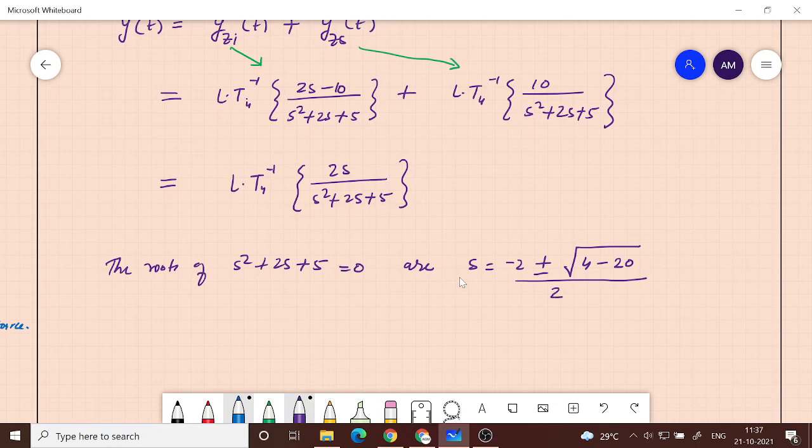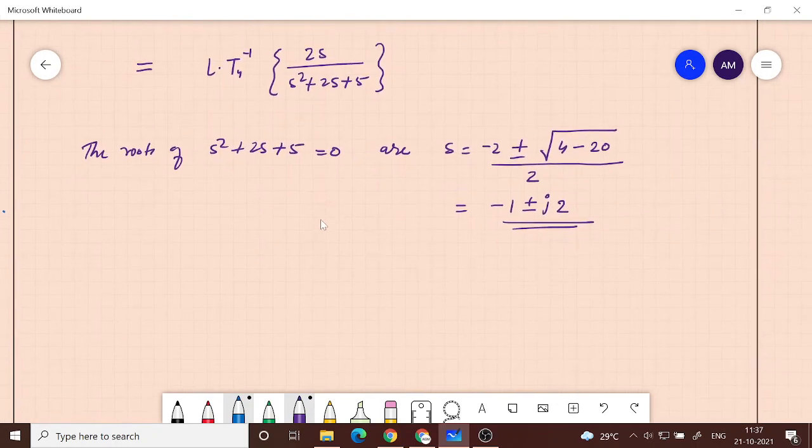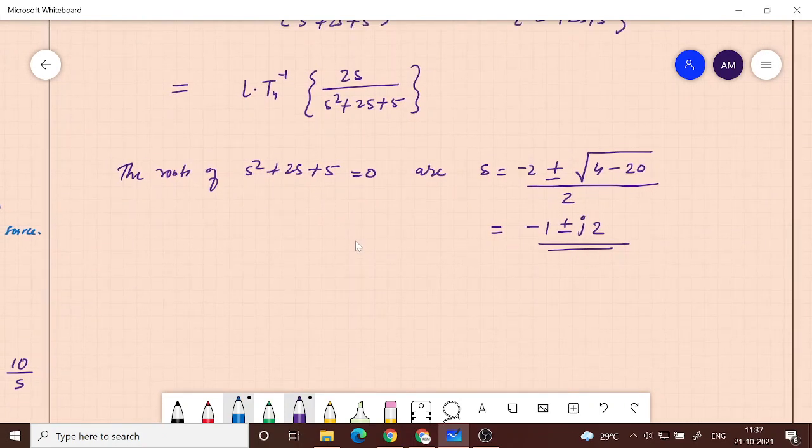These are the roots, right? There are two roots, and you see that square root of 4 minus 20 is not real. It's going to be complex. So this is minus 1 plus or minus square root of minus 16, which is j 4 by 2, that is 2. So these are complex conjugate roots. Therefore we need more work to do.